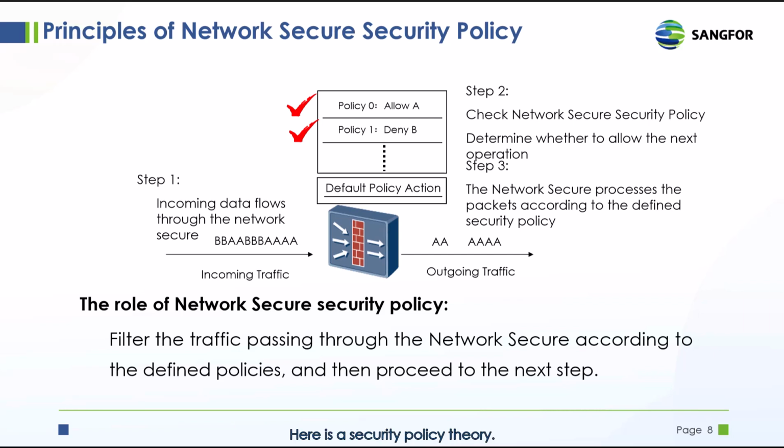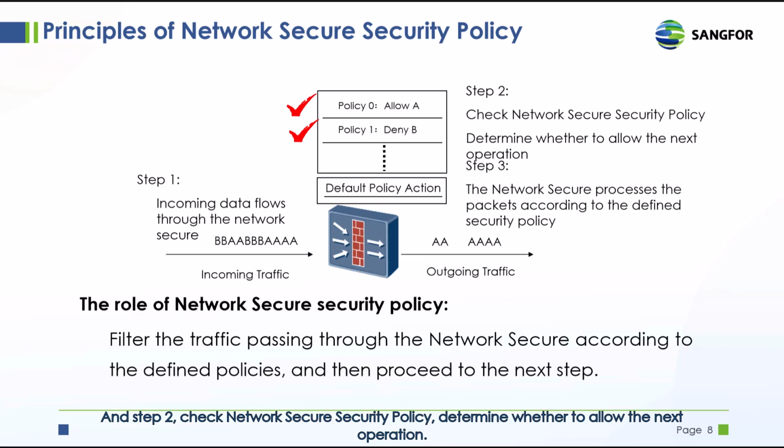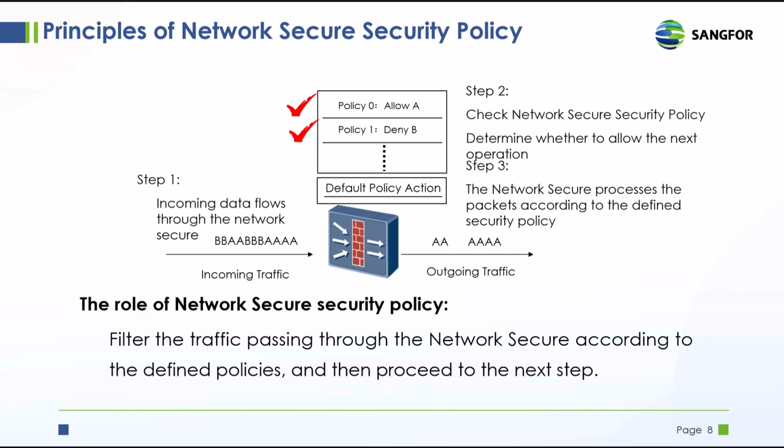Here is the security policy theory. You can see the first step, incoming data flows through the Network Secure. Step 2, check the Network Secure security policy, and determine whether to allow the next operation. Step 3, the Network Secure processes the packets according to the defense security policy.